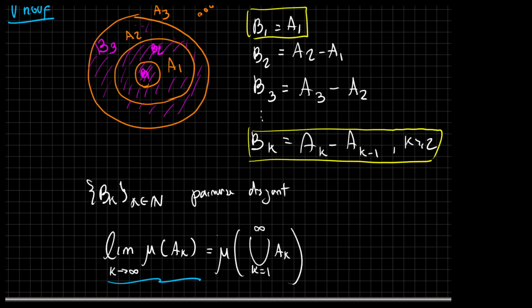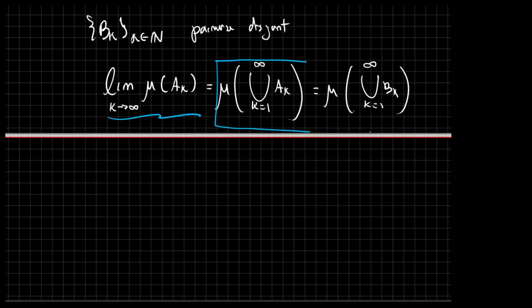We are more familiar with this part. We kind of know what to do here. So this is equal to the measure of this union, by the same reasons as the theorem before. And so this measure is completely additive.